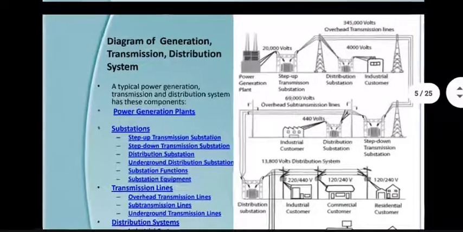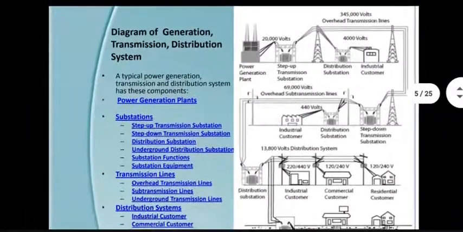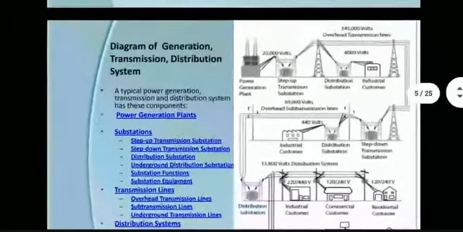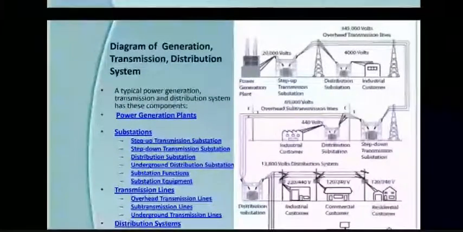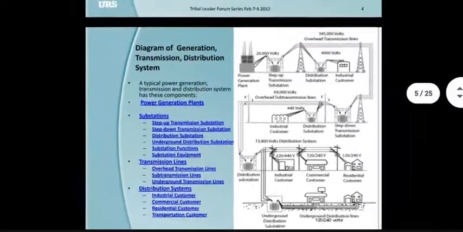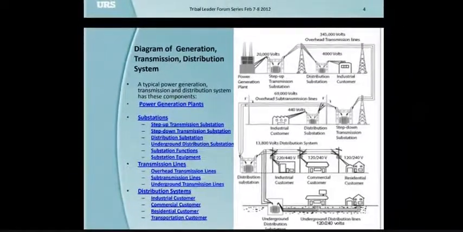Again, this diagram is more or less similar to what I've shown you in the past. This is how a power system is represented schematically. Generation, transmission, and distribution. These are the three essential operations involved. And on top of it, protection against faults, which is something I'm going to take up soon.